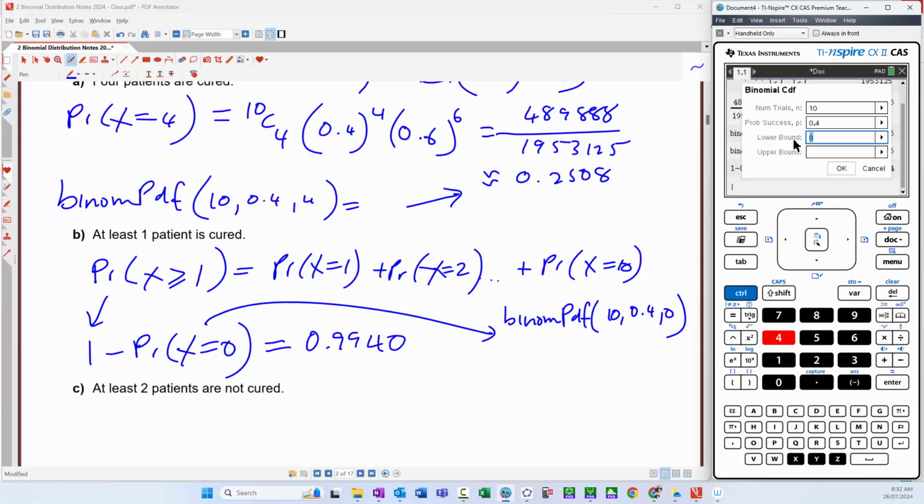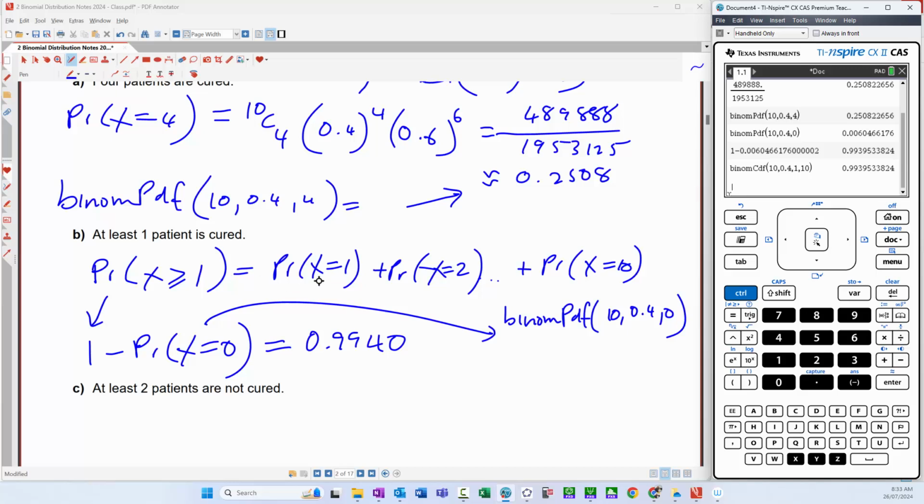What it basically says is, all right, I'm going to count up each individual random variable probability, like the probability that it's 1, 2, all the way up. So you just tell me where you want me to start counting and where you want me to finish counting. So that's 1 through 10. Now, if I've done this right, this should return exactly the same answer as this one here, and it certainly does.